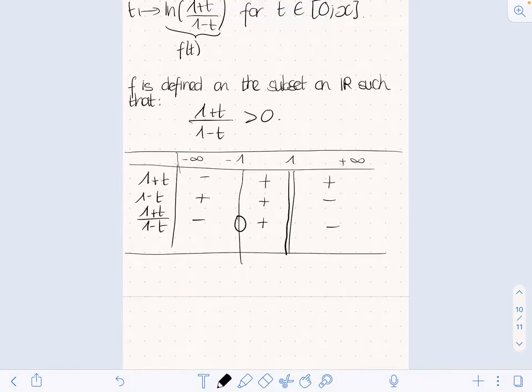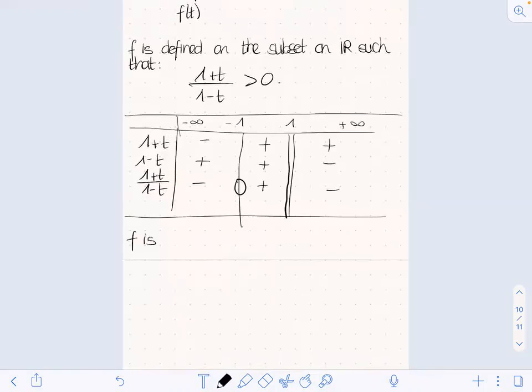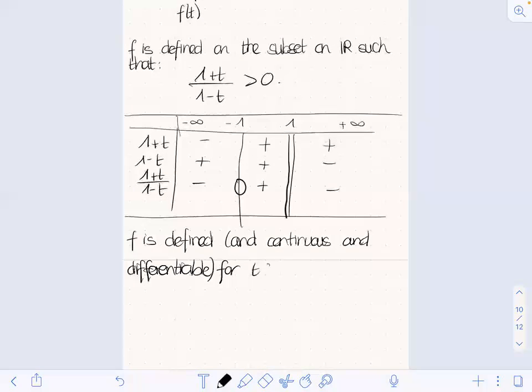Yeah, absolutely. So what we see here is, f is defined and continuous and differentiable for t belonging to (-1, 1), with -1 and 1 excluded.